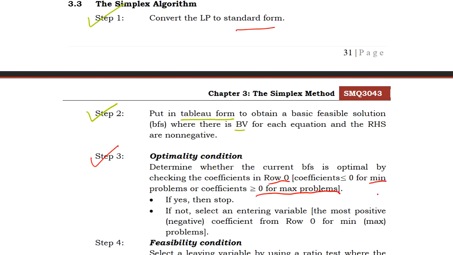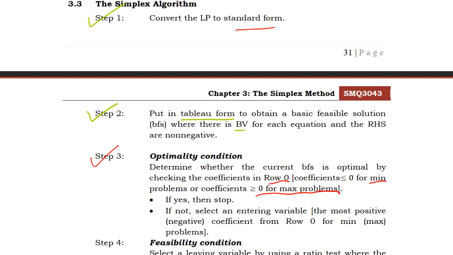If yes, then stop. It is already optimal. If not, select an entering variable, which is the variable with the most positive coefficient from row 0 for minimization problem, or the most negative coefficient from row 0 for maximization problems.